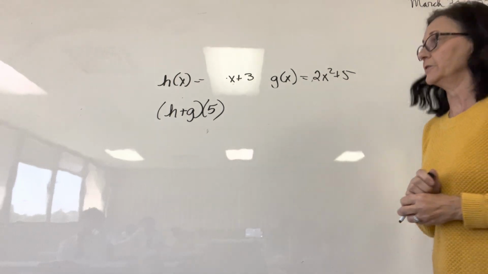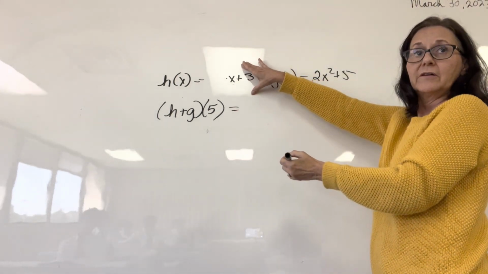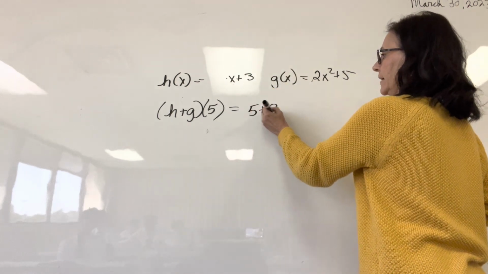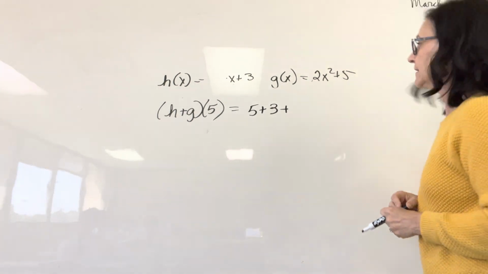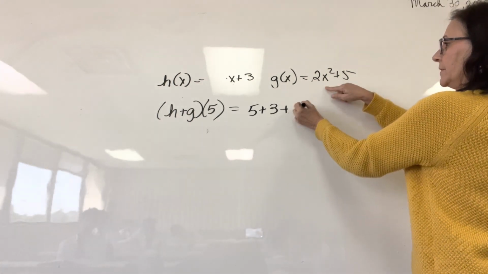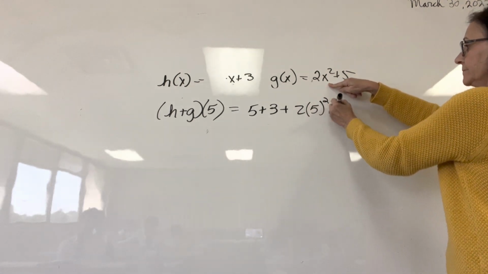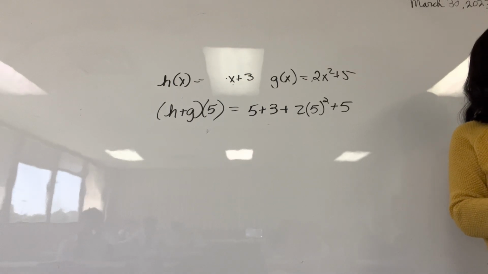This is example 2. I write my h function first, plugging in 5 for x, so it'd be 5 plus 3. Then I'm going to add to it, we are adding, 2 times, for x I'm plugging in 5. Make sense so far?